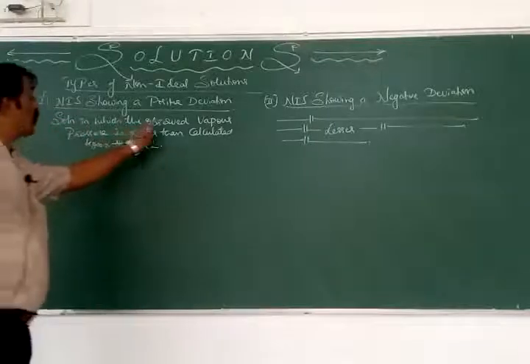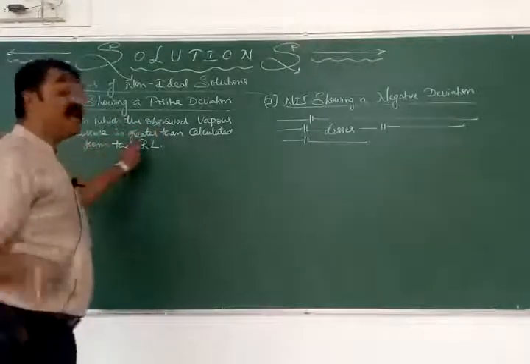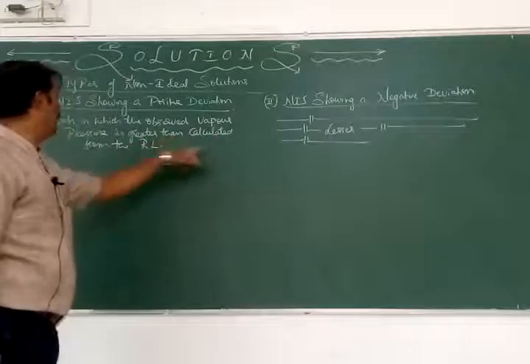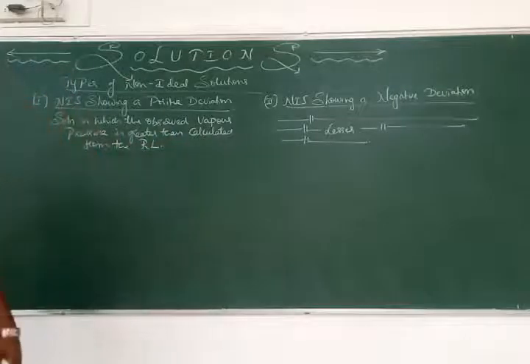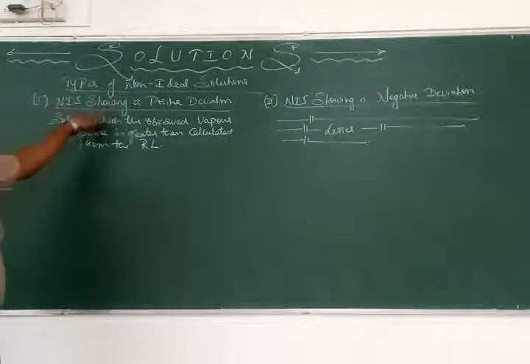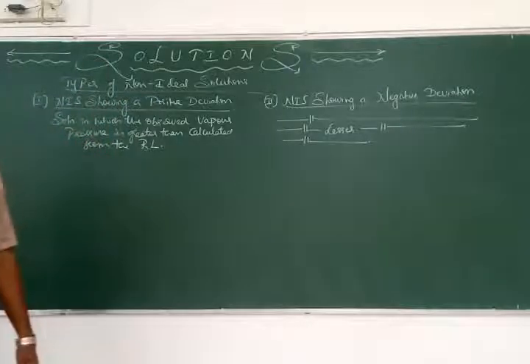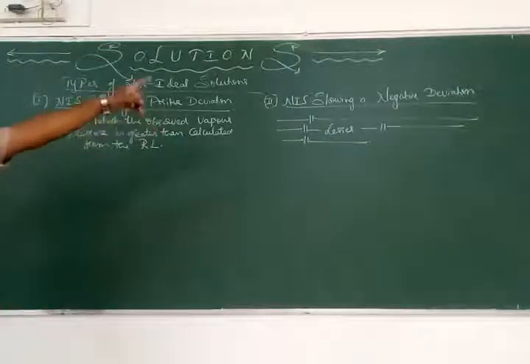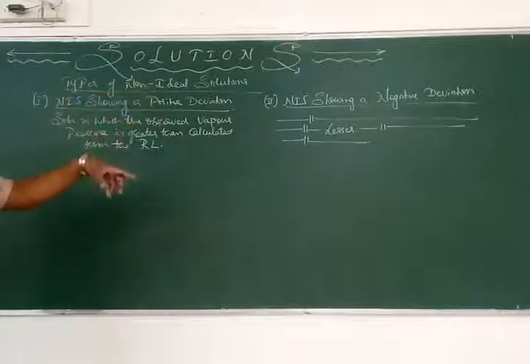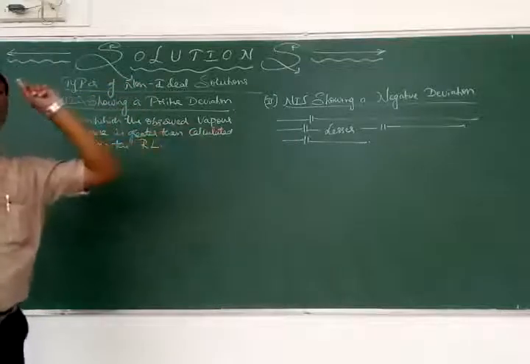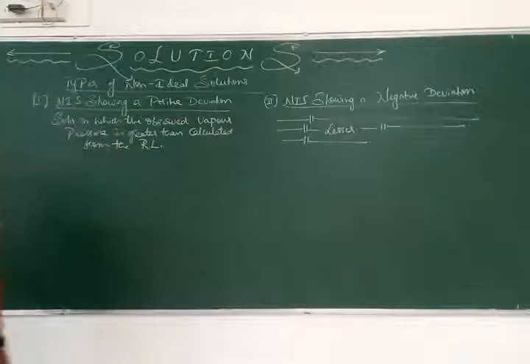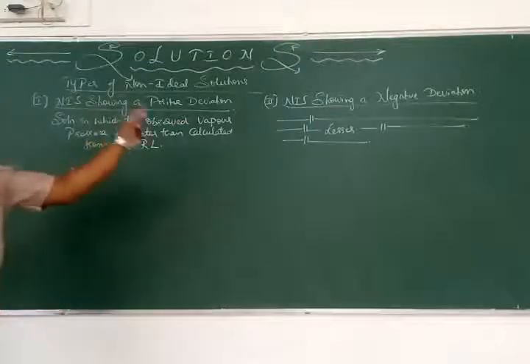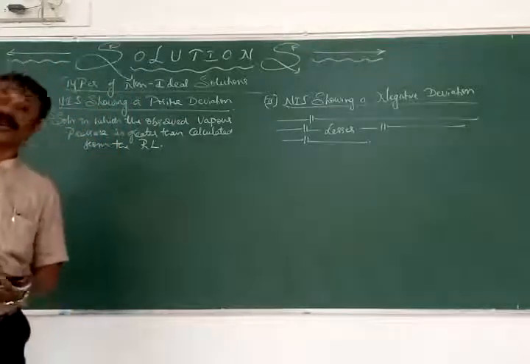A solution in which the observed vapor pressure is greater than calculated with respect to Raoult's law. The same solution in which the observed vapor pressure is lesser than calculated from Raoult's law is a non-ideal solution showing a negative deviation.